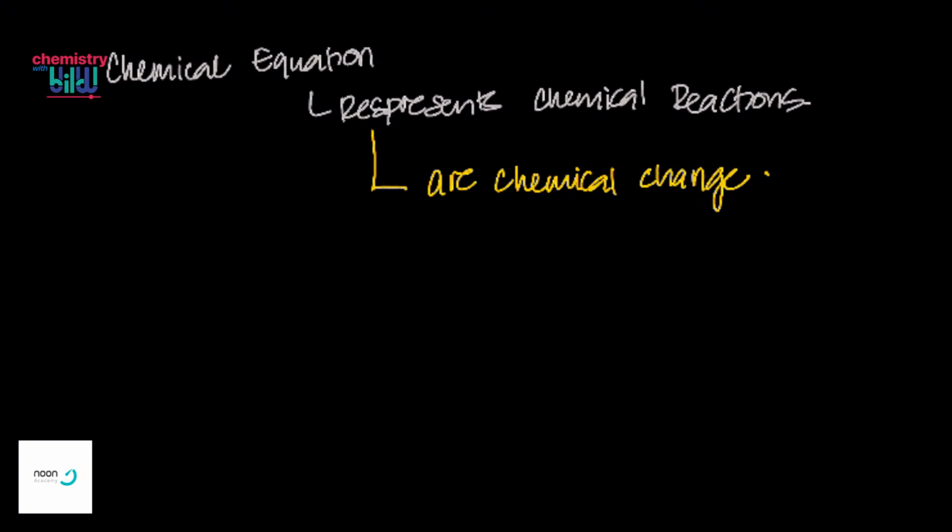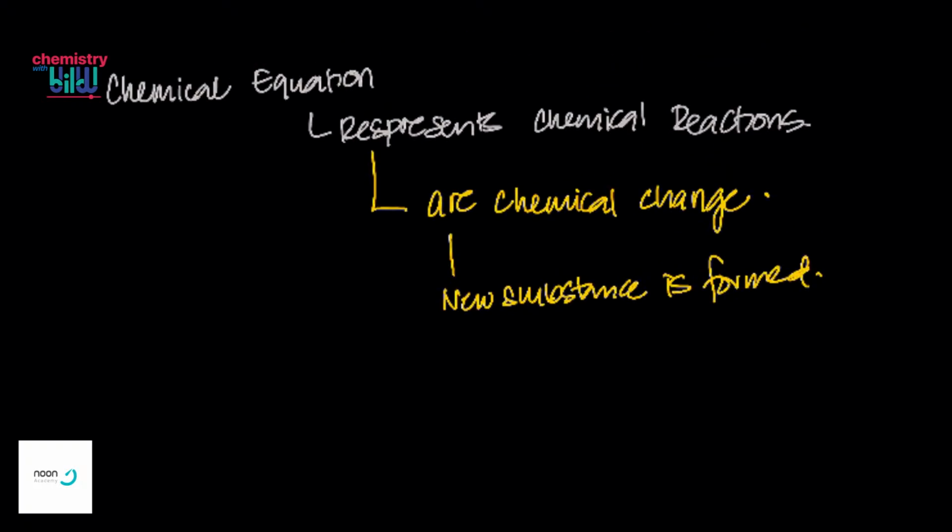So, what's a chemical change? A chemical change is where, like I said, a new substance is formed. The easiest example I can give you is gas burning on stoves.